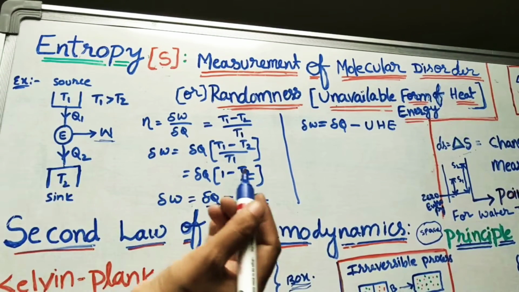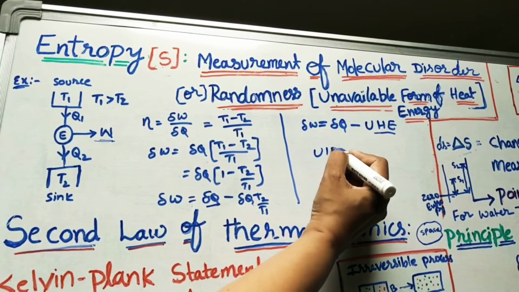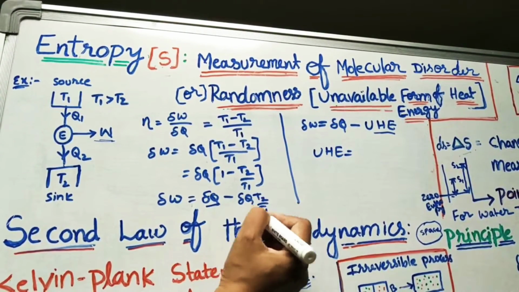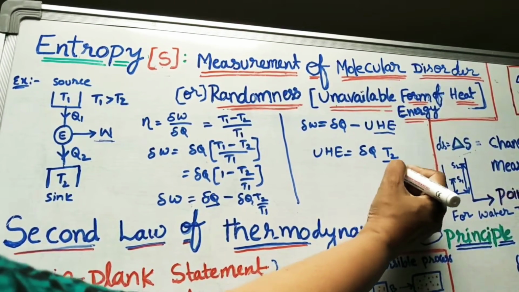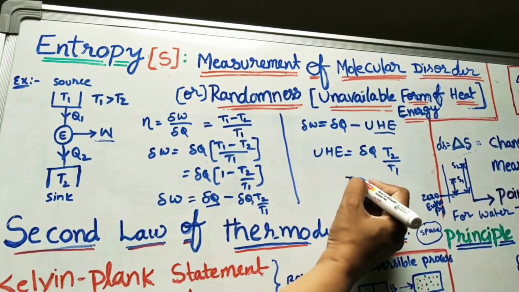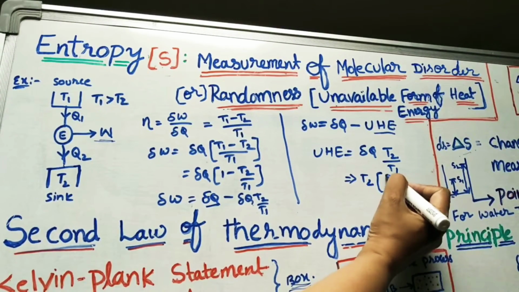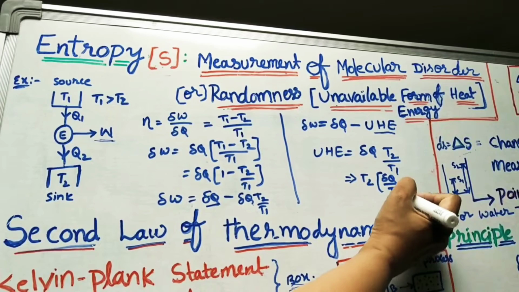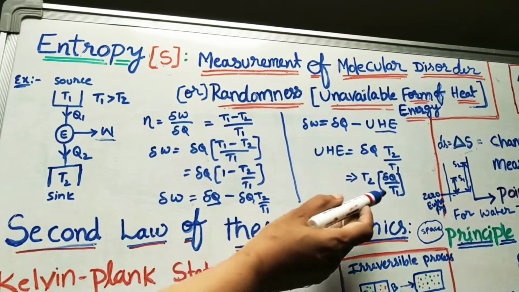Now what is the formula for the unavailable heat energy, UHE? It is equal to delta Q into T2 by T1. Here T2 is the sink temperature, and delta Q is the heat supplied at the supply temperature, Q1 by T1. What is this term?